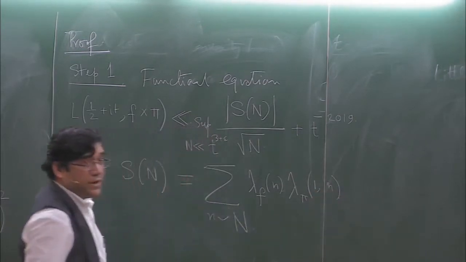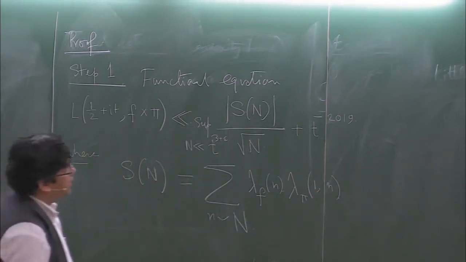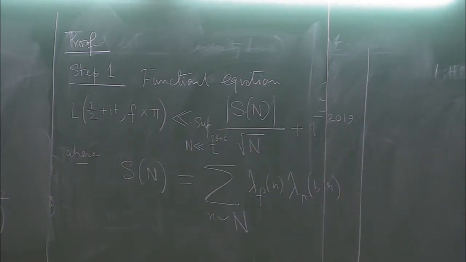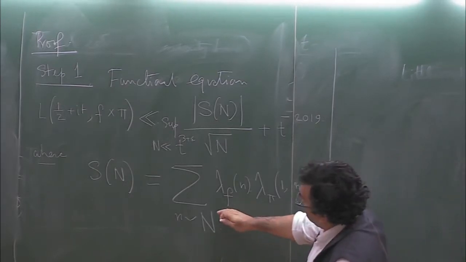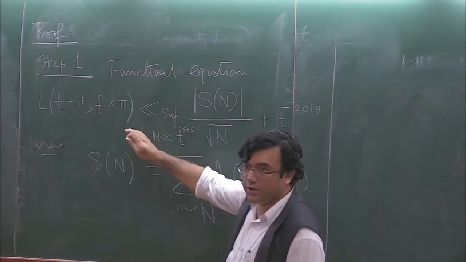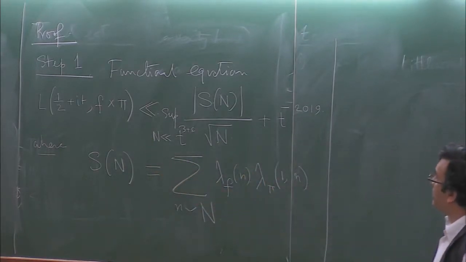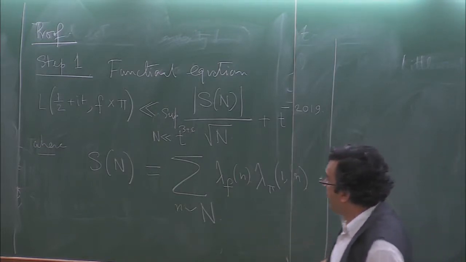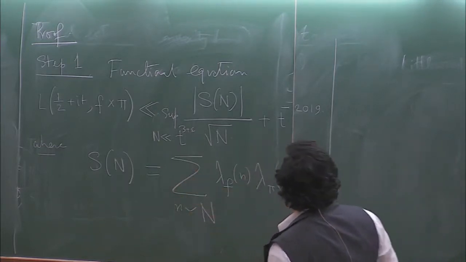Actually, it comes with a smooth weight, but I'm going to ignore the smooth weight. Okay, so now if you estimate this sum trivially, then you will see that you will recover the convexity bound.